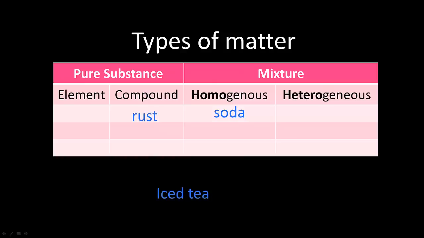Iced tea. Can it be physically separated? Well, iced tea has ice and tea, and the tea has sugar and water. So we know that it's a mixture because it has more than one substance in it, not a pure substance. And since I can pick out the ice from the tea, we know that it's heterogeneous. Chicken soup.